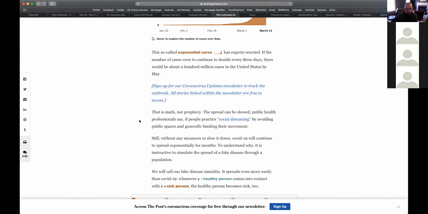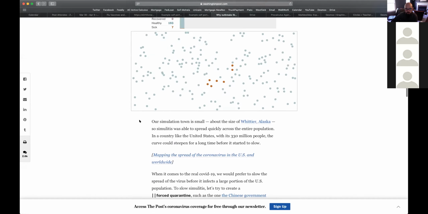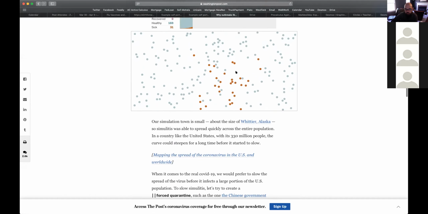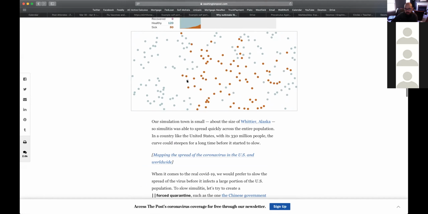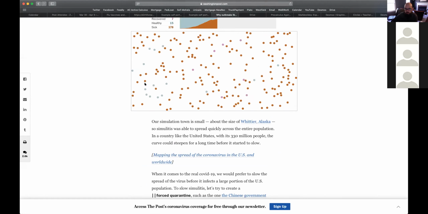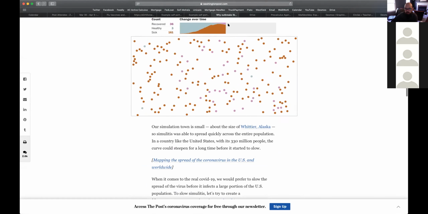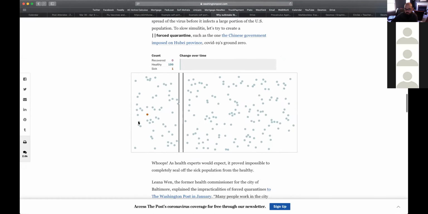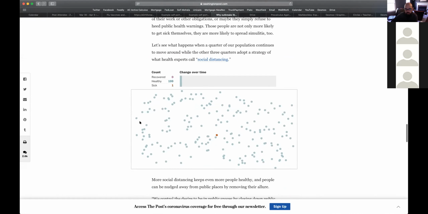So play around with this. They do some simulations for you, so you can see in real time how the spread grows if there's no social distancing in place, and then you get these curves here. And then they give you some examples with people social distancing, so just not moving, staying home.